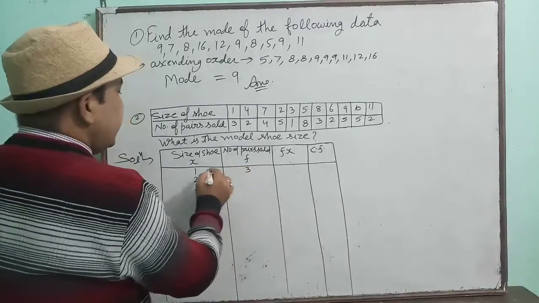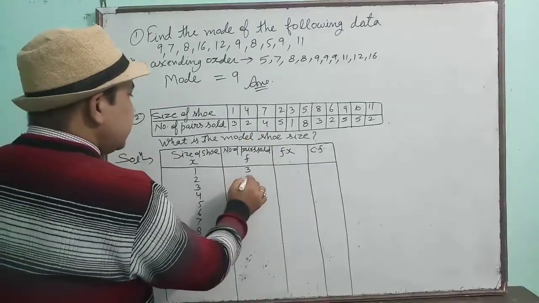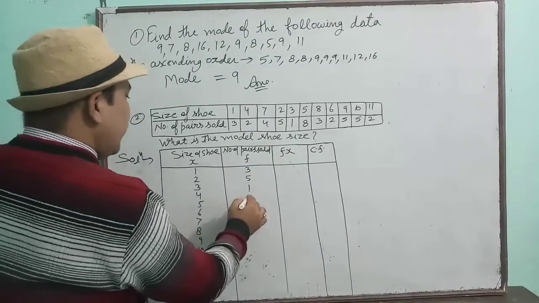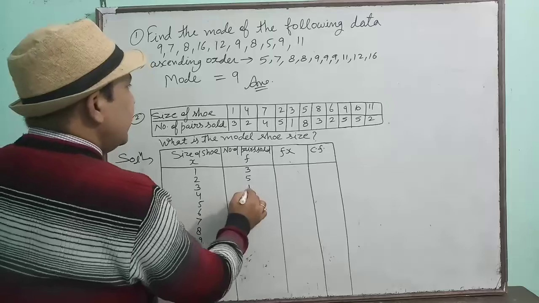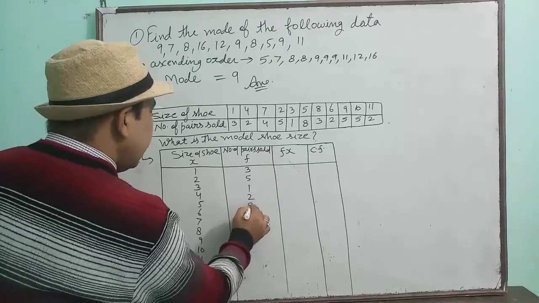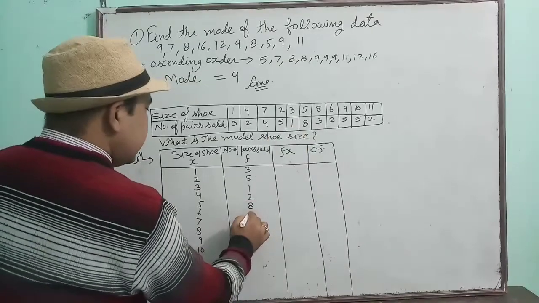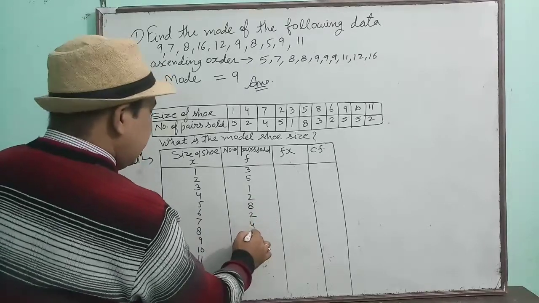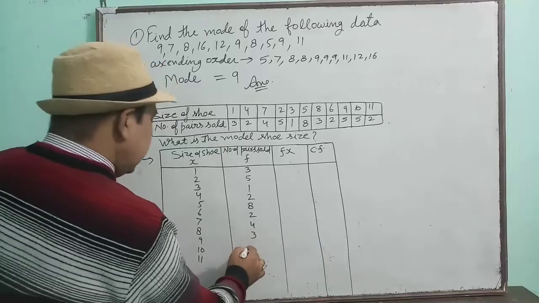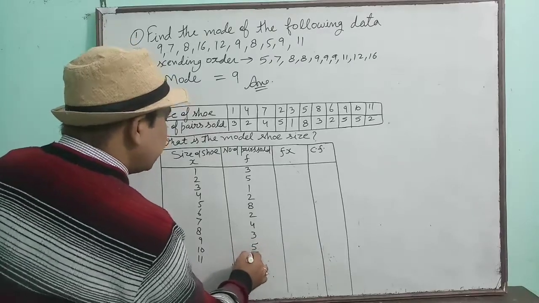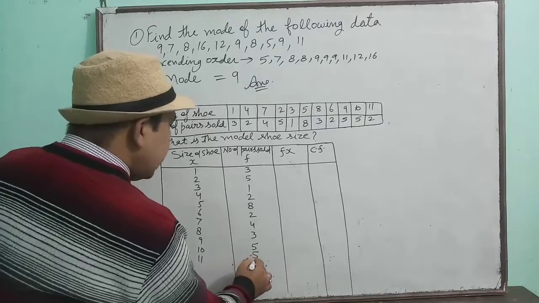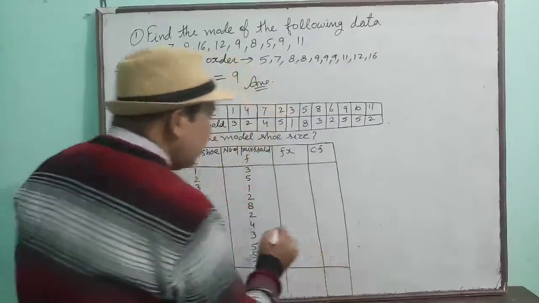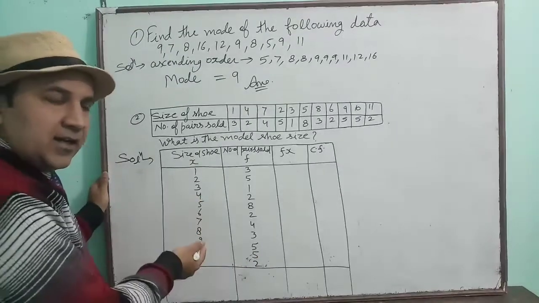Frequency of 1 is 3, frequency of 2 is 5, frequency of 3 is 1, 4 frequency is 2, 5 frequency is 8, 6 frequency is 2, 7 frequency is 4, 8 frequency is 3, 9 frequency is 5, 10 frequency is also 5, and 11 frequency is 2. This is given in your question, which you have arranged.